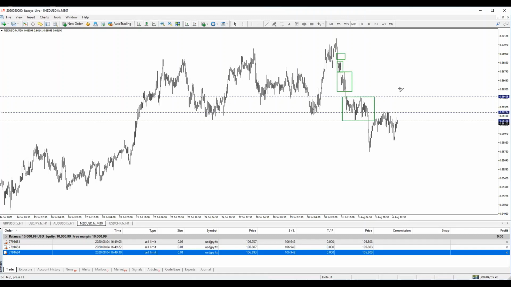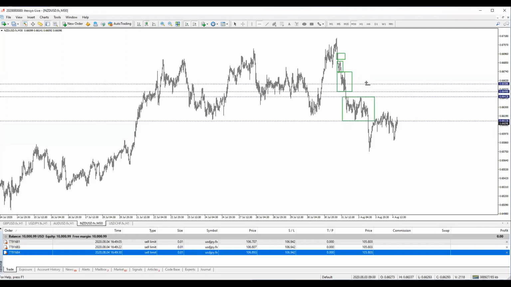The next flag will be the breakout level right here. Let's delete this. Decision point is pretty much around here. Maybe we should go to a lower time frame to refine this. Maybe it's somewhere around here. We don't mark it in this situation, and we have this origin of the pole.